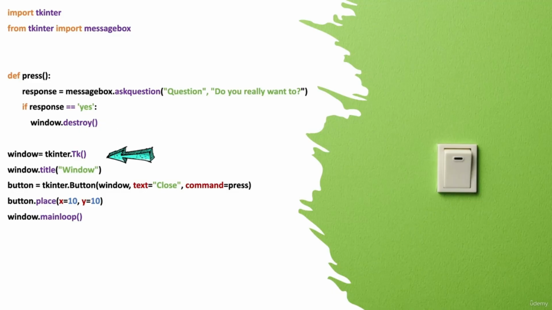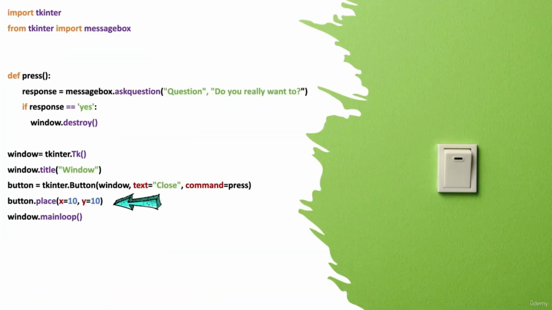So as we create our window, change the title, and when creating a button widget, we will bind our callback to the command parameter. Then we will place our buttons at a specific area of our window with the following line and apply the main loop method on our window object.